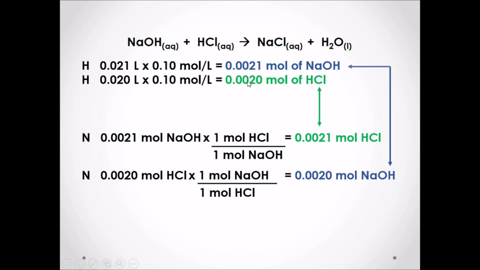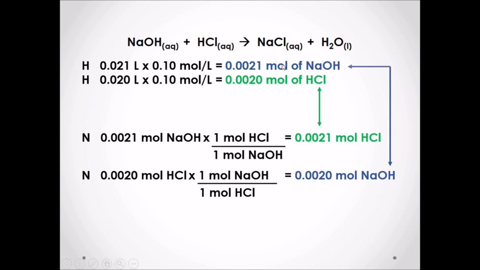First up, we can see that we have this amount of hydrochloric acid, but in order for the reaction, we need this amount. We can tell that we need more hydrochloric acid than we have. Therefore, it will be the limiting reactant.